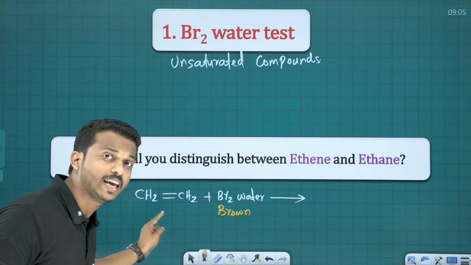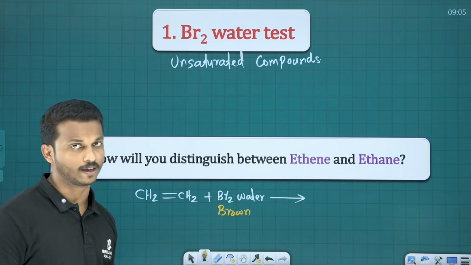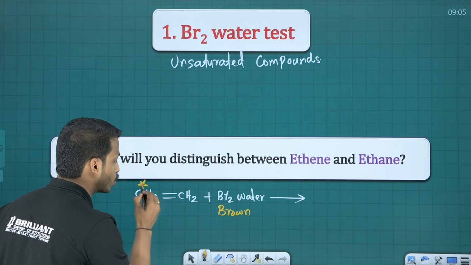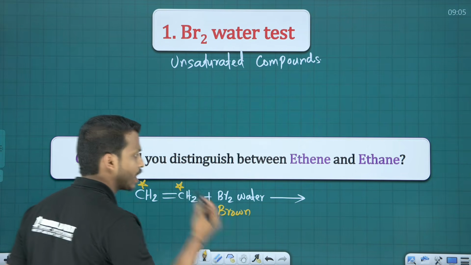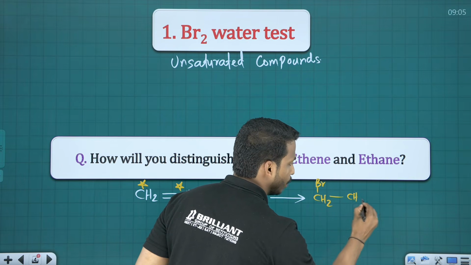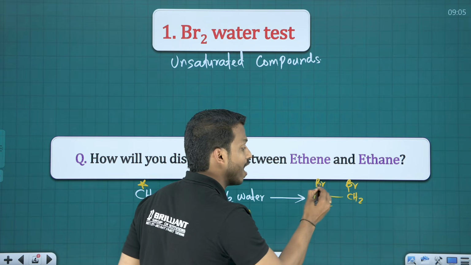So when an alkene reacts with bromine water, you know what happens? This Br2, one Br goes to this carbon, one Br goes to this carbon, and we get CH2Br, CH2Br. What is that? Vicinal dihalide.